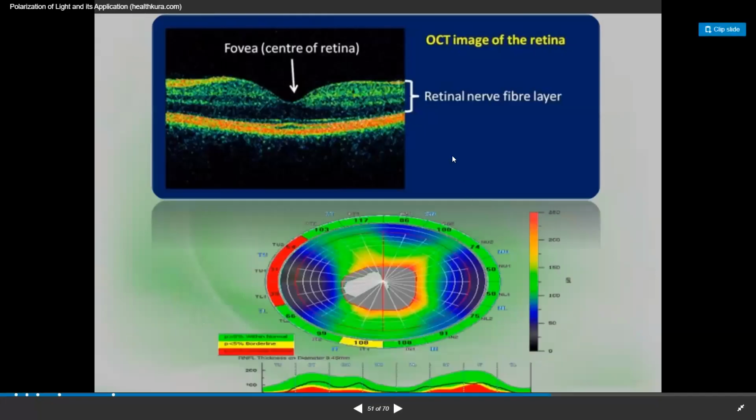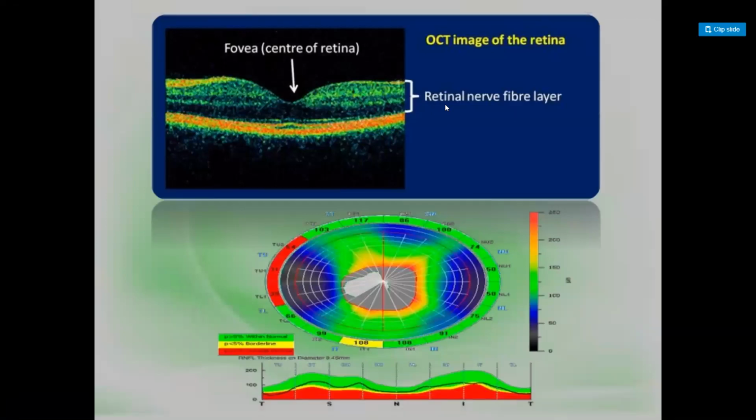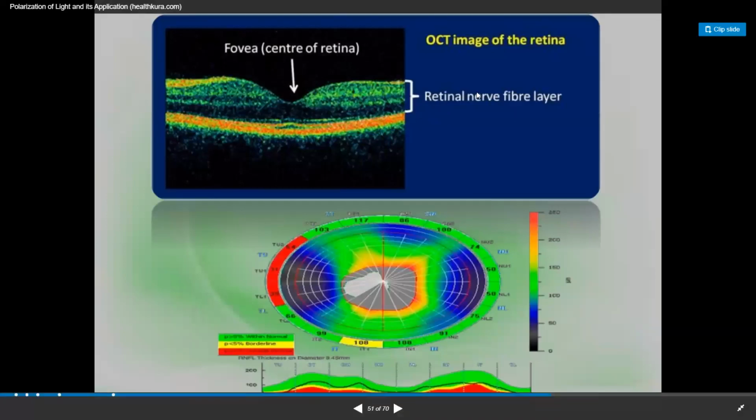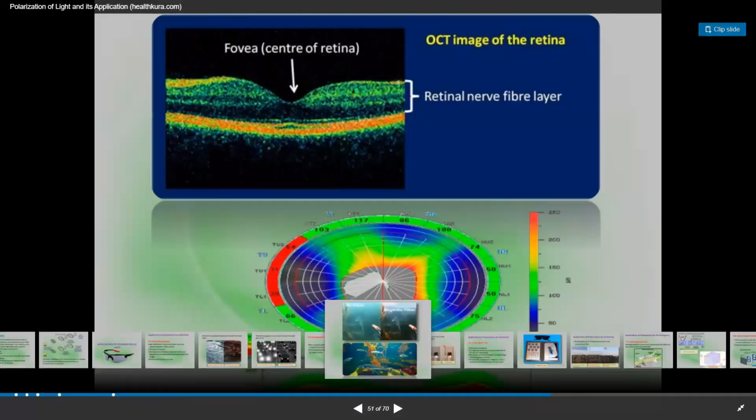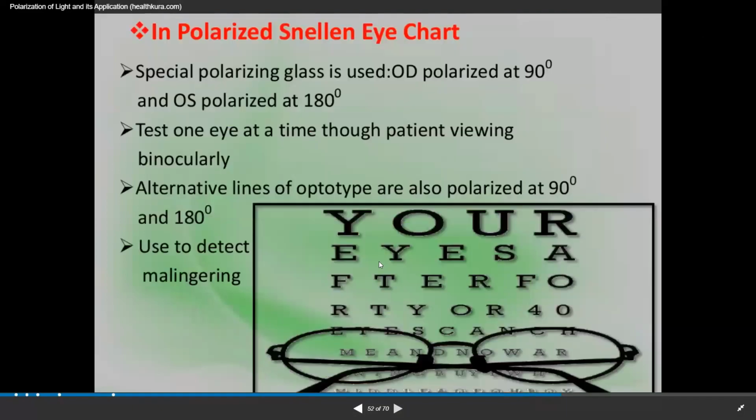And also we clearly observe the retinal nerve fiber layer of our eye. And when a patient is being tested for eyesight, we use an optotype made of polarized material, which detects how much sight there is.